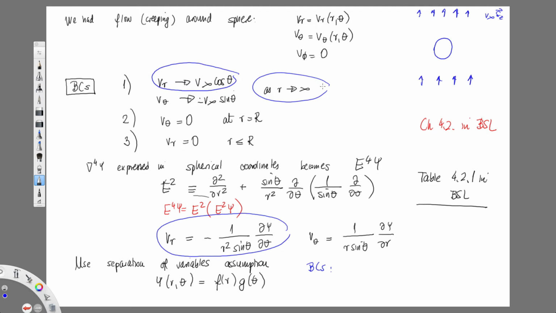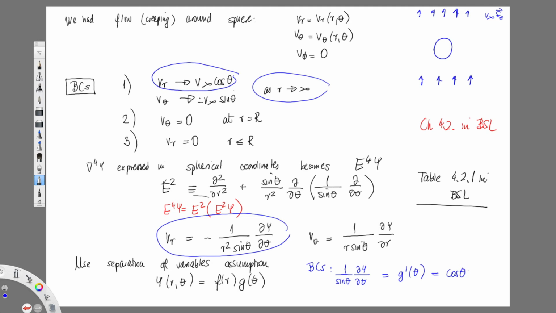So basically my partial psi partial theta, 1 over sine theta, is g prime of theta and should be equal to cosine theta. Maybe there's some multiplication constant in the process, but it's a constant, plus minus a constant, give or take.